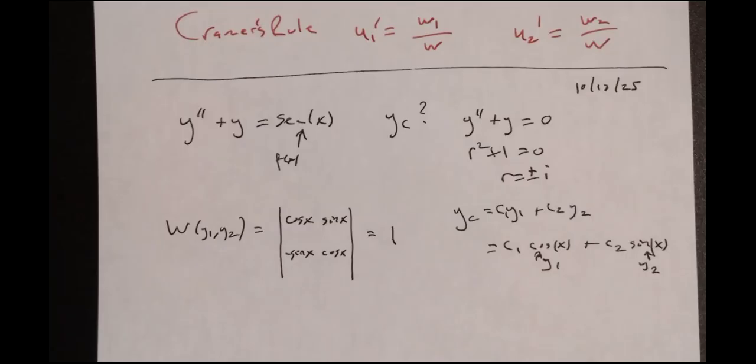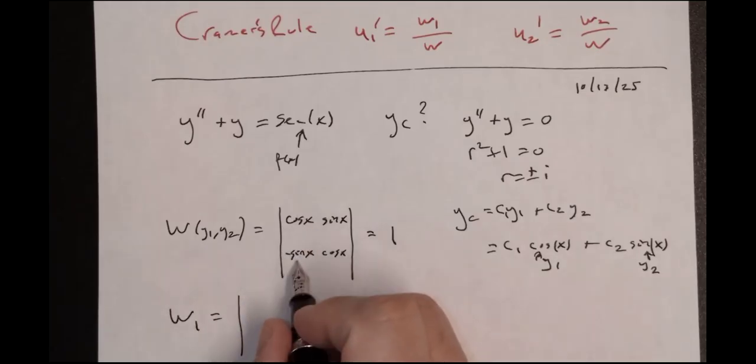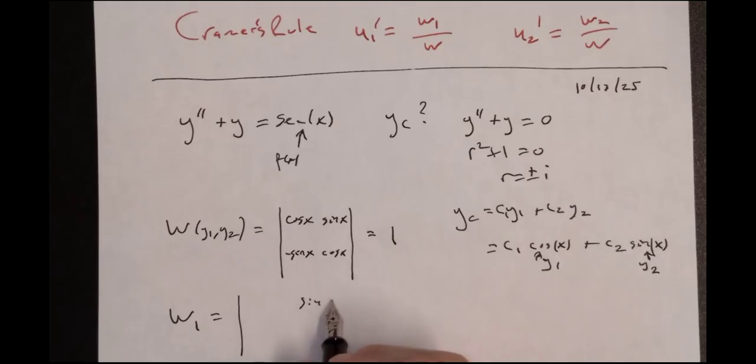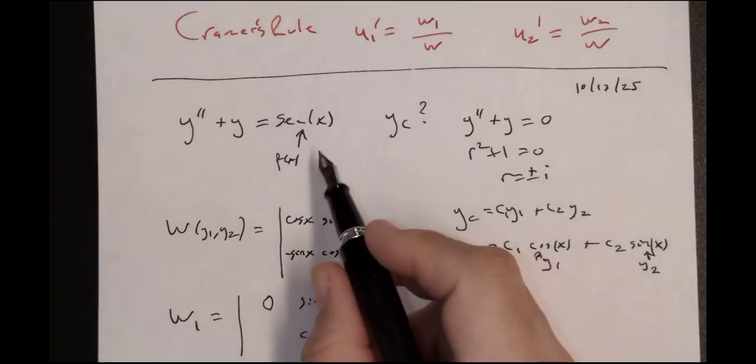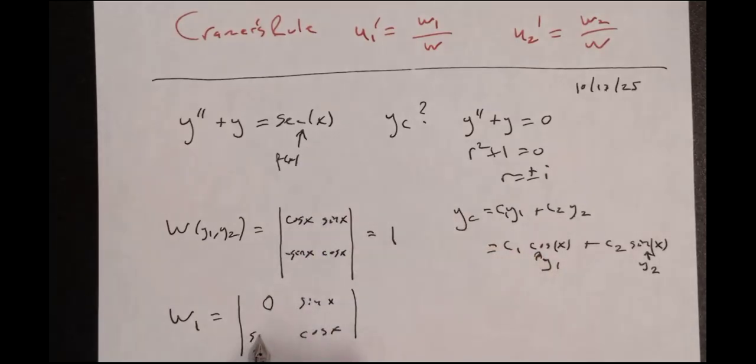Now I need two other determinants. For W1, I'm going to replace the first column with a 0 at the top and my f of x at the bottom.